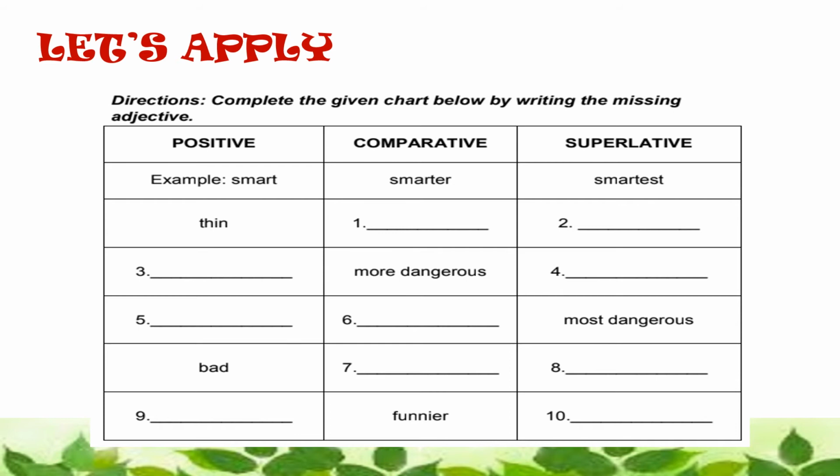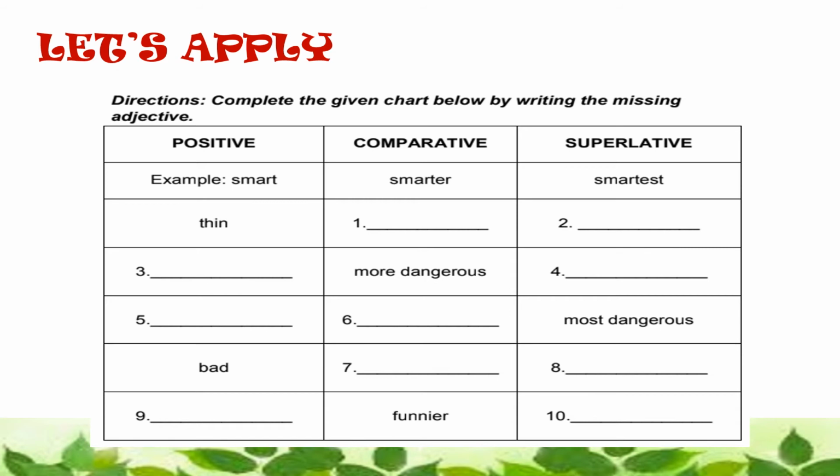And for the superlative degree, we put most dangerous. The next one is the same word, but here the given is most dangerous as the superlative adjective. So the comparative is more dangerous, and the positive is dangerous.